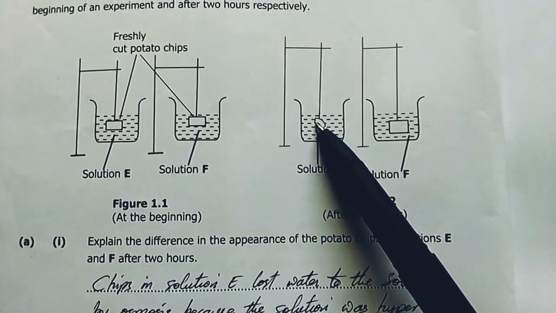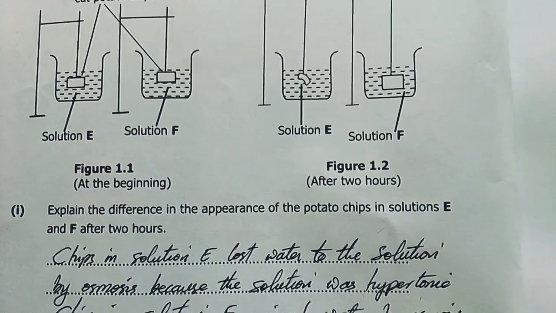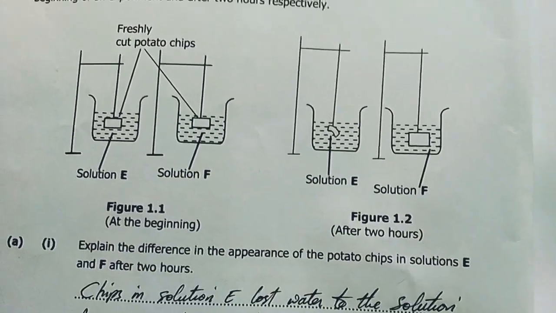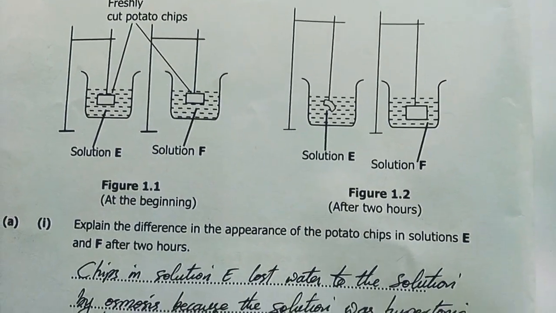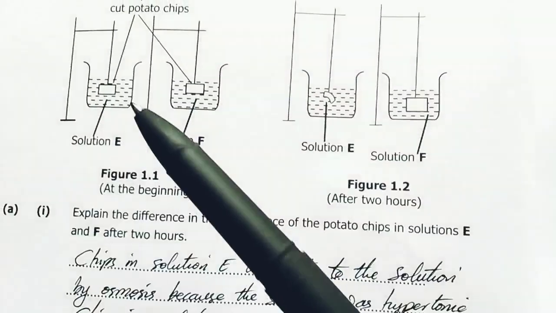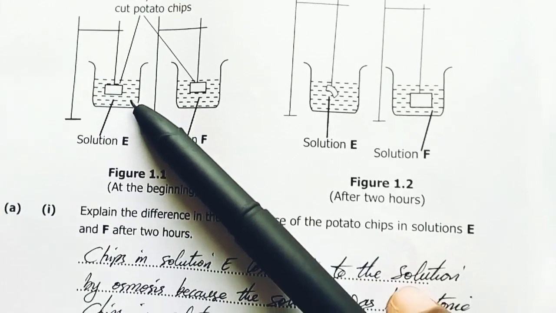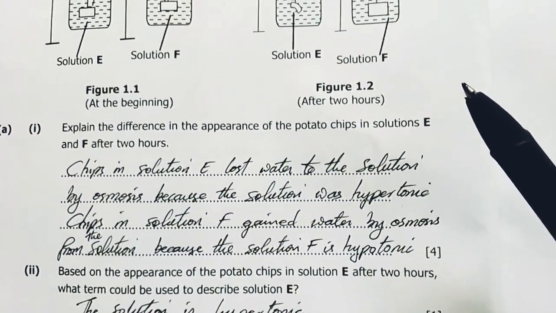It lost water by osmosis, and this can only happen if the solution in which you have put the chip is hypertonic. Therefore, hypertonic means a solution that is more concentrated compared to the other one. That other one is the cytoplasm. So the cytoplasm will lose water to the more concentrated solution, which is referred to as being a hypertonic solution.